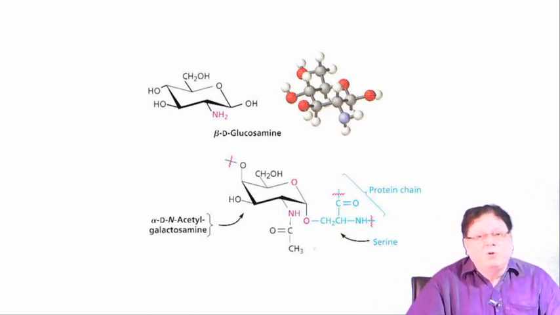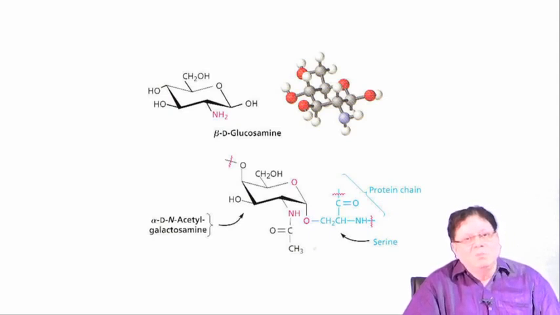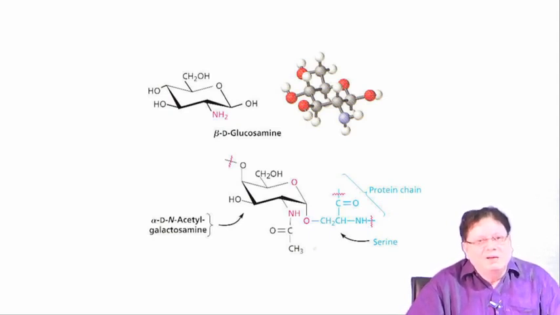There are other forms of carbohydrates where the hydroxy group may be replaced by an NH2 group. Like in this molecule, what we are seeing is that it is close to a glucose molecule, but only one difference, and that is the 2' carbon.